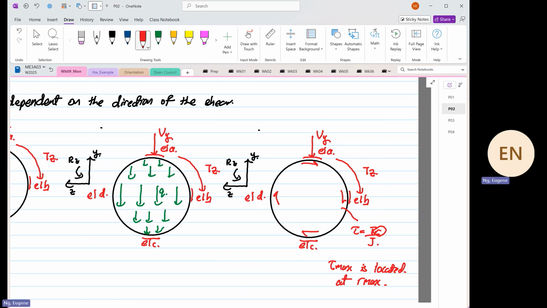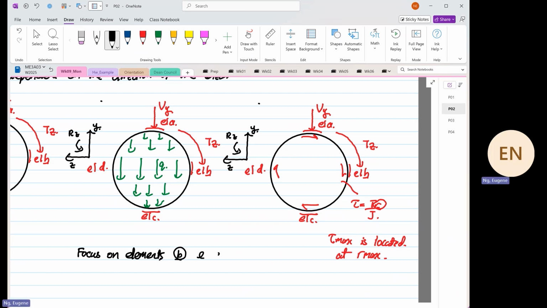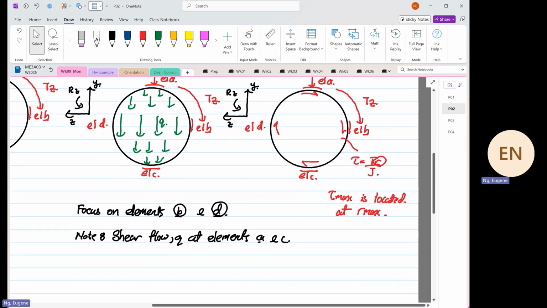So the next thing I want you all to see now is we are going to focus on elements B and D. Note, later on you'll see this, the shear flow Q at elements A and C are equal to what?